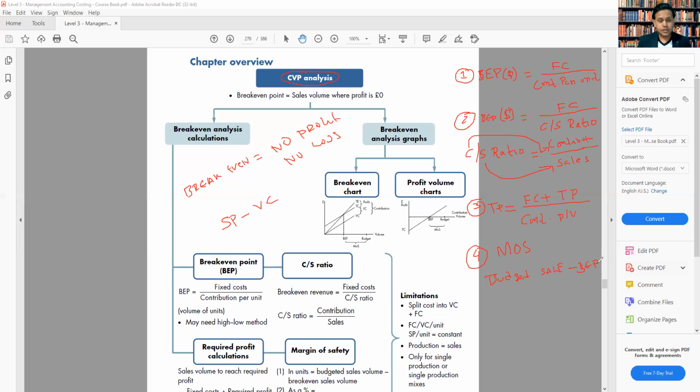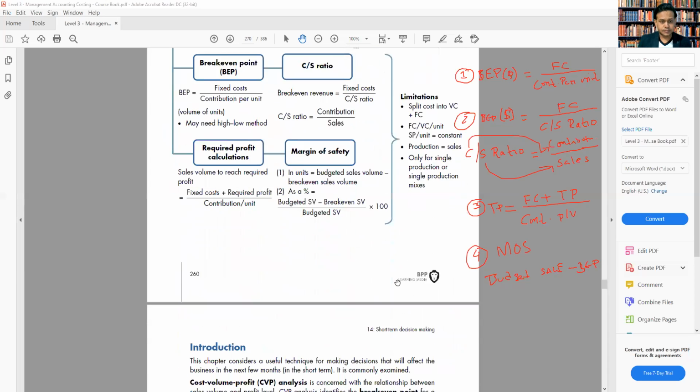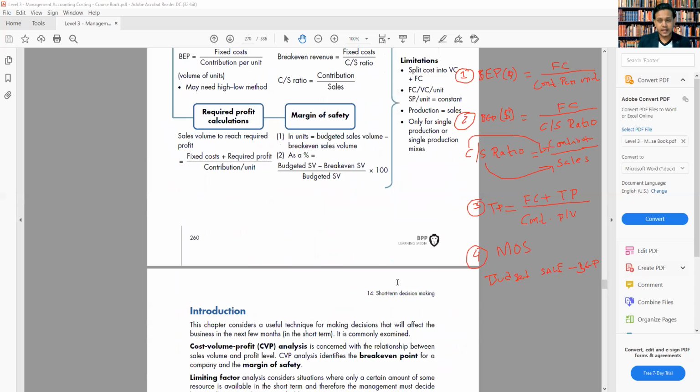Now, another thing we're going to learn in this chapter is called the limiting factor. It will not be tested widely in this chapter, but we need to know a little bit about it. What is the limiting factor?